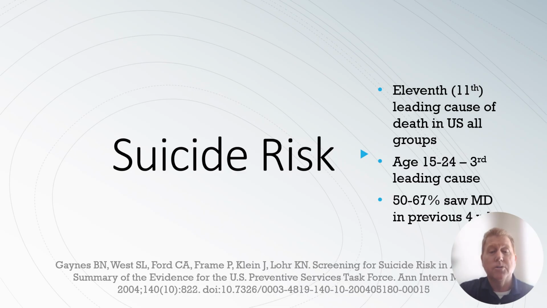And then, of course, suicide risk can be one of those things that's difficult to talk about for folks, but it is the third leading cause of injury to self and or success with attempts in this younger population, 15 to 24.